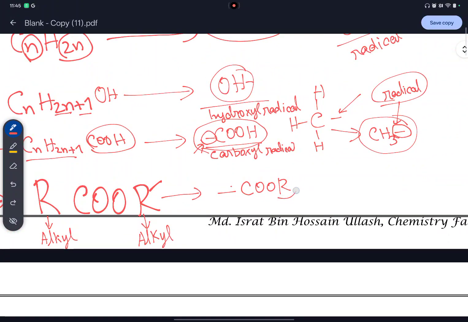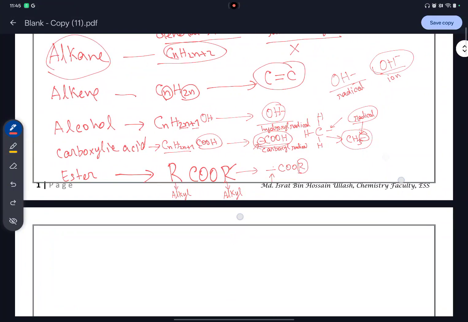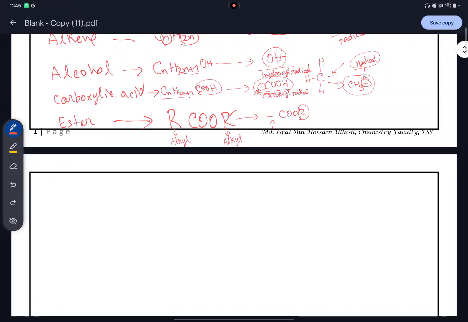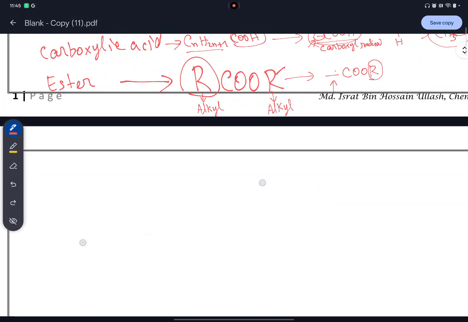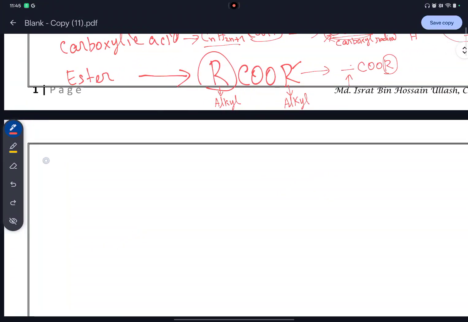As I told you already, the R is the alkyl group, and you know what this bond means. Since I told you that I will discuss the R part, I'm coming to that. But first, I have to discuss the functional groups.